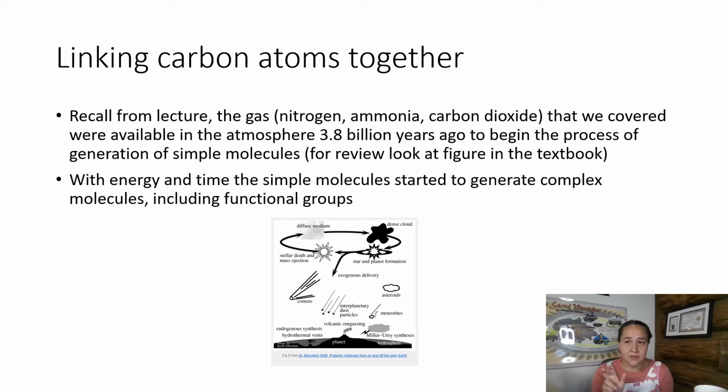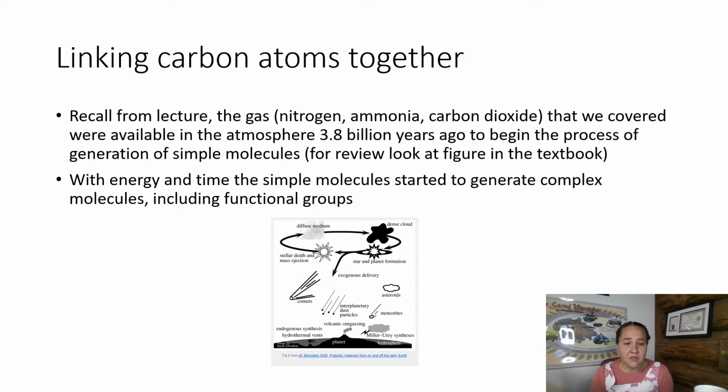there's 3 different images. There's an image of the ocean with the gas interacting with water, and then over time you get the generation of the more simple molecules of carbon-carbon with carbon-carbon bonding.